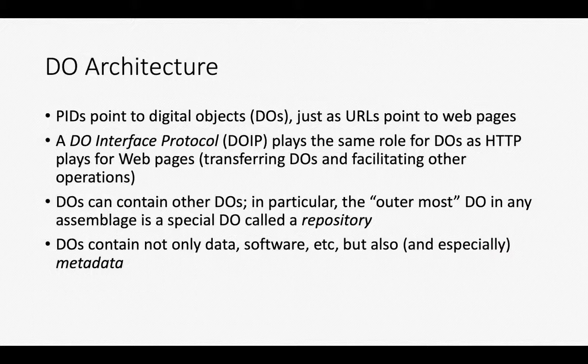The DOIP would see everything it interacted with as a digital object, though you couldn't necessarily do all operations on all objects. And DOs contain not only data, but software, as I was saying, and most importantly, probably metadata.